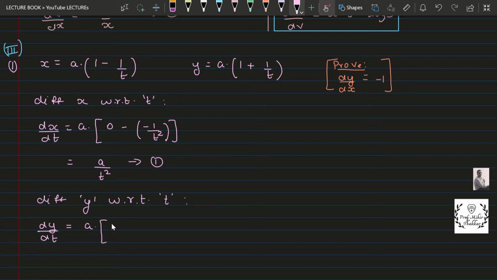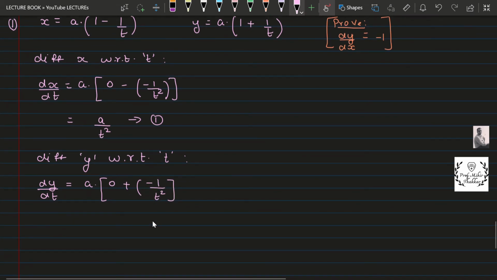Inside the bracket, derivative of 1 is 0 plus negative 1 by t square. So now when I open this bracket, I will get minus a upon t square. That is our equation 2 for the value of dy by dt. And this of course is our value of dx by dt.